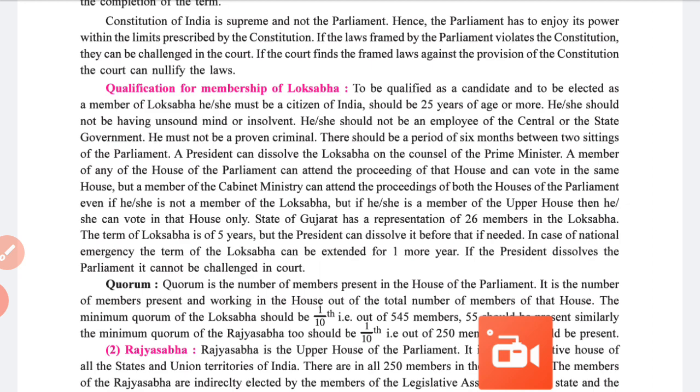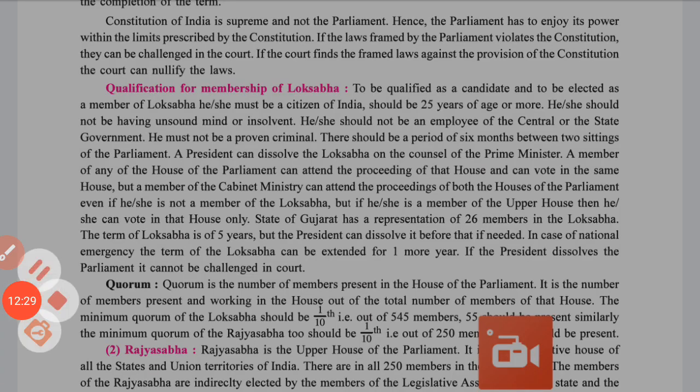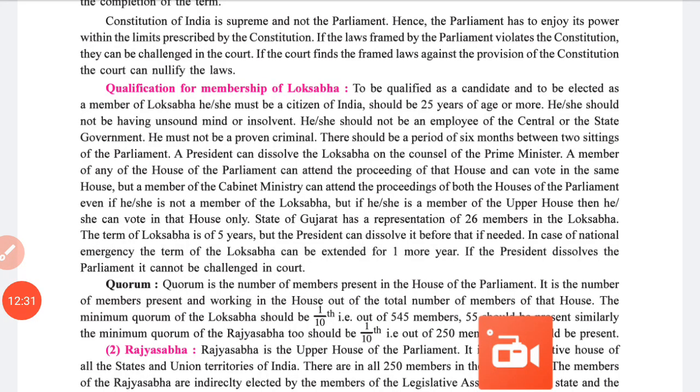The State of Gujarat has a representation of 26 members in the Lok Sabha, and the term of Lok Sabha is 5 years. But the President can dissolve it before that if needed. If the President thinks it is necessary to dissolve, then it can be dissolved before the completion of 5 years.